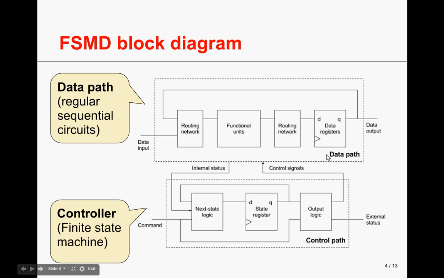And then the data path comprises the set of data registers and the functional units that define the operations that are carried out over the information stored in the data registers. And of course we will need routing networks to convey the information to and from these various blocks in the data path. The control path receives information from the data path and external commands from the outside world to decide what to do next.